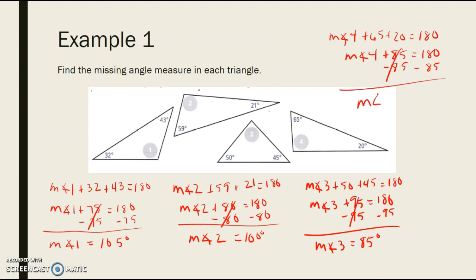So our measure of angle 4 will equal 95 degrees. And so that's how simple the interior angle theorem is. I just know that all three angles have to add up to 180 degrees.